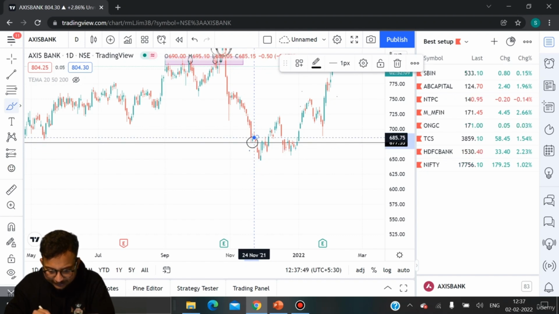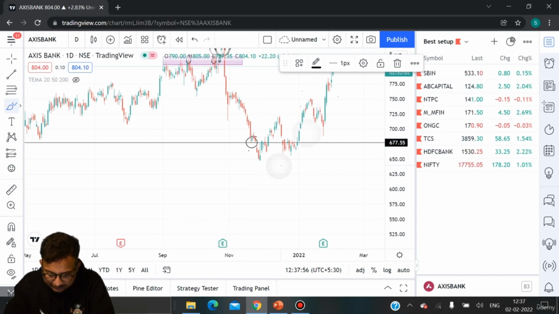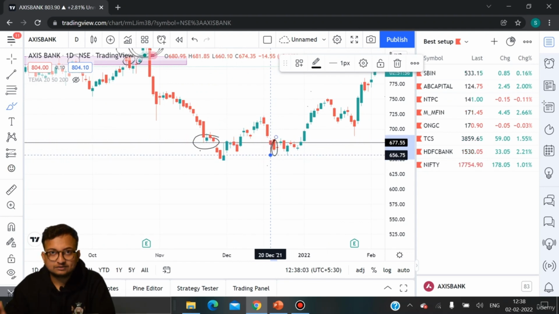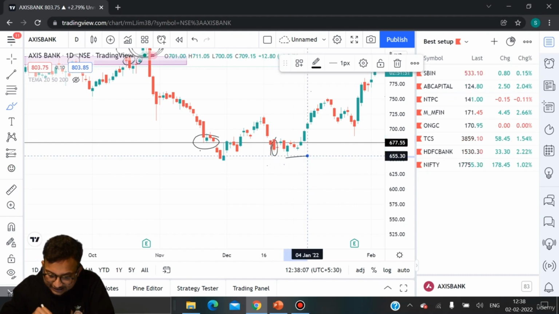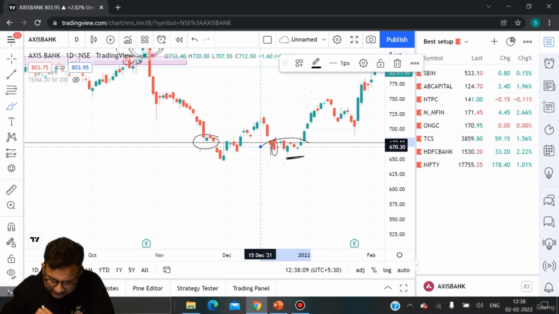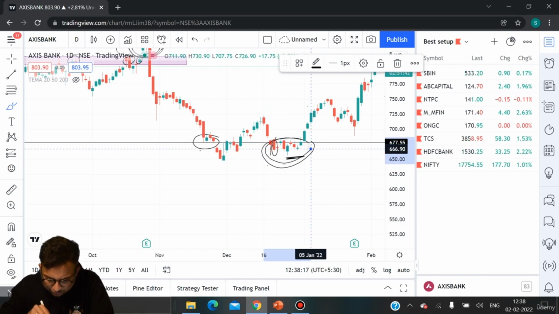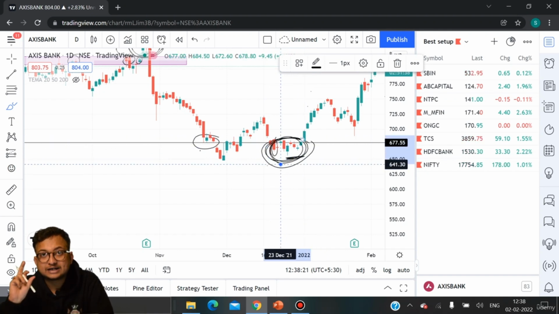The market went down, again it goes up. Now what happens is, see it very carefully. In the second candle, in this candle, the market broke the level, right? The market broke the level, but it could not sustain here, which means at this price level, or at this support level, all the bears are trapped.